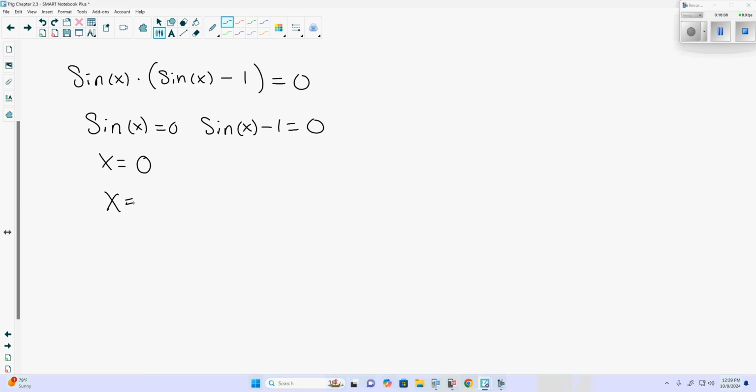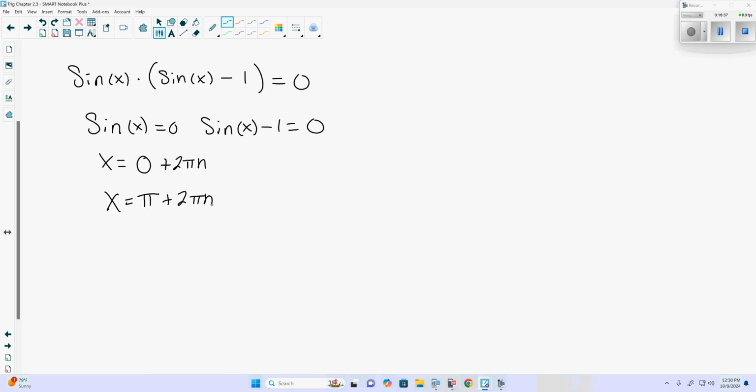Pi. So we could say 2 pi, but 2 pi would be the same as 0, because we do have that period of 2 pi n. So it does wrap around back to 2 pi. And because, again, they didn't restrict our angles, bless you, we can add 2 pi n.